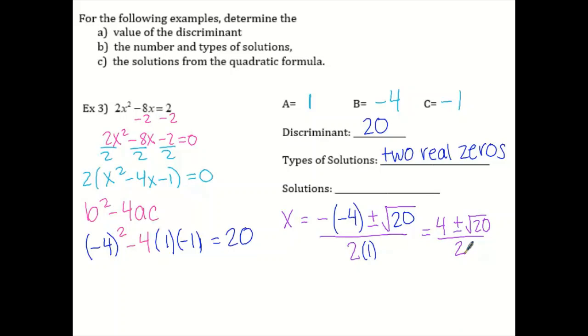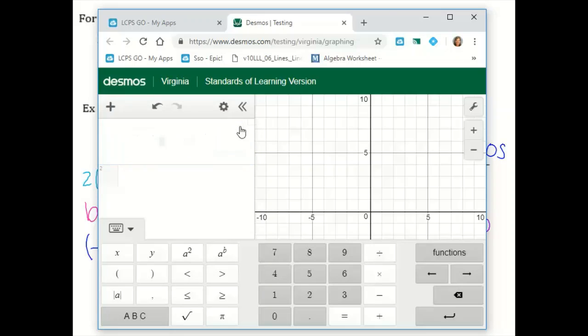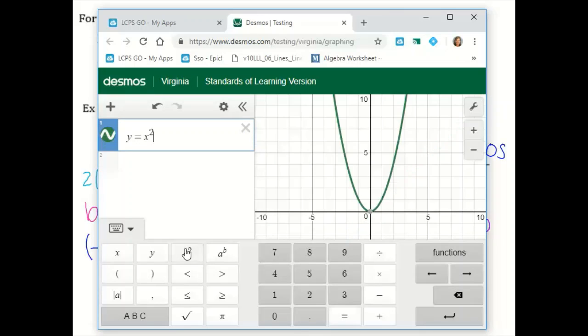Well, in our last class, we looked at simplifying square roots. And so I want to see if I can simplify the square root of 20. So I'm going to come down here so I have some room. So x is going to be equal to the 4, stays the same, 4 plus or minus. So if I think about root 20, I can go back and look at my list. So looking at Desmos, remember my list, I can get y equals x squared.